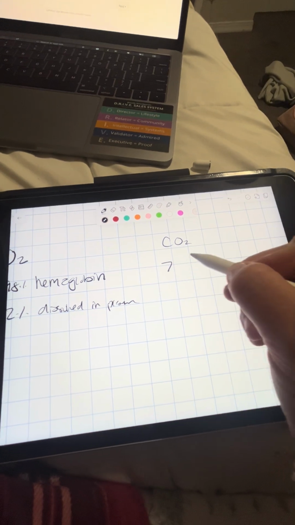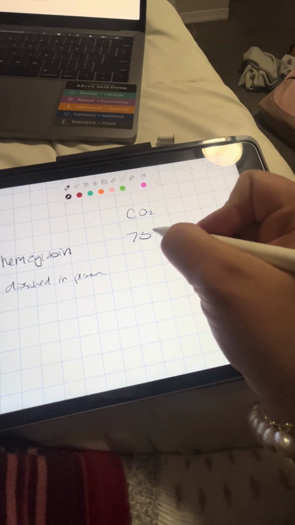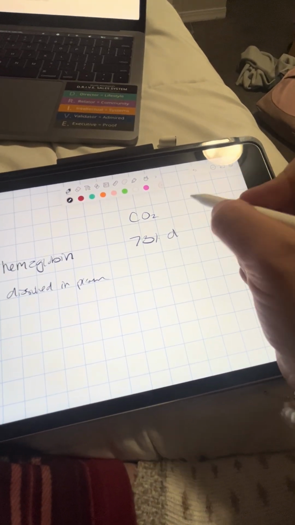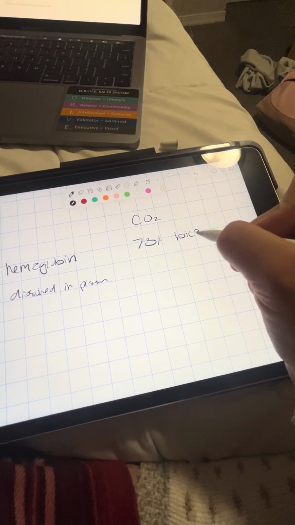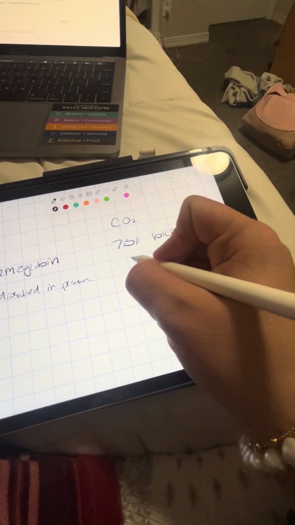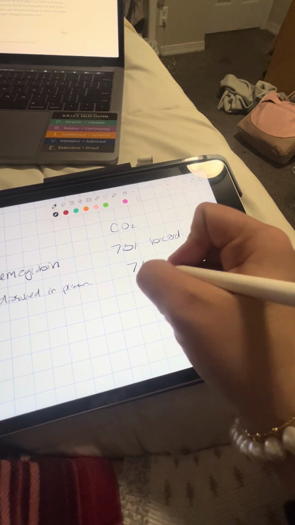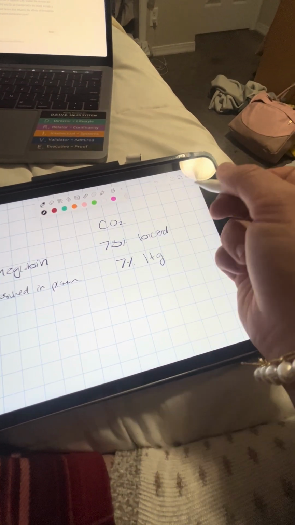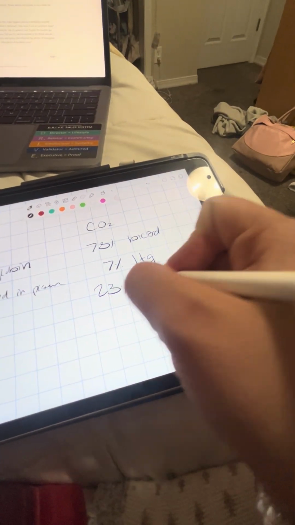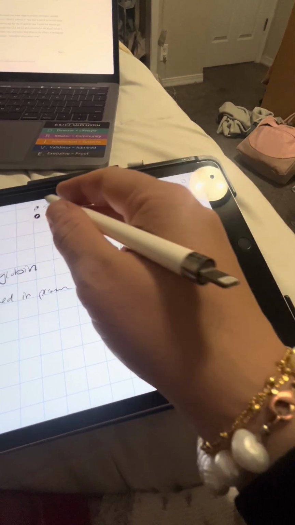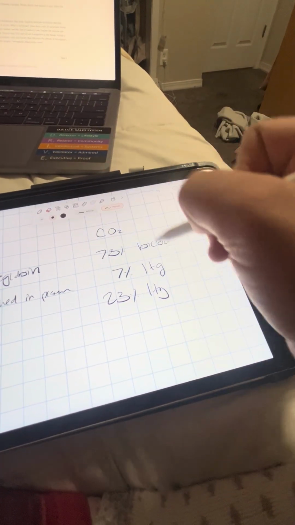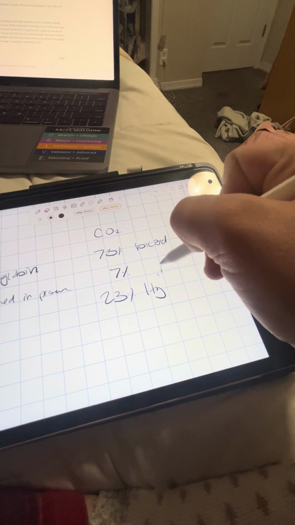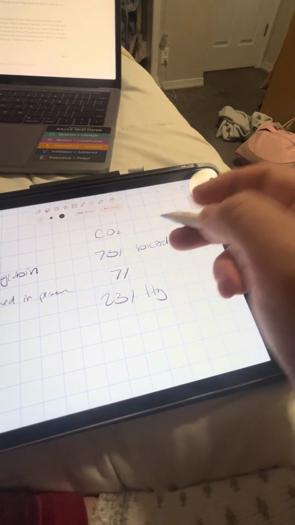CO2, I believe it's 73% of it is bicarb. 7% of it is on your hemoglobin. That's not right. Let me think real quick. I have to math. Yeah, no, it's 23% is on your hemoglobin. 7% is dissolved in plasma.